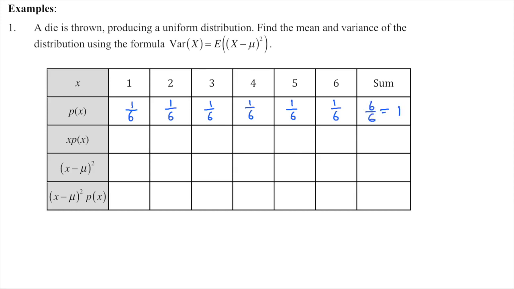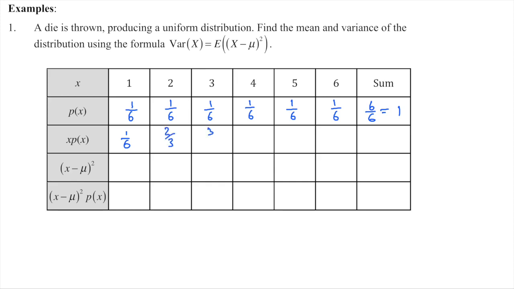Now I want to take x and multiply it by p of x. 1 times 1 on 6 gives me 1 on 6. For the next column, it's 2 times 1 on 6, which gives 2 on 6.